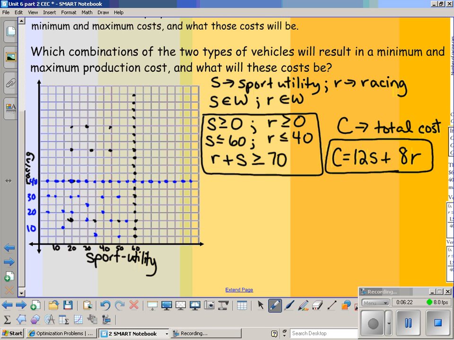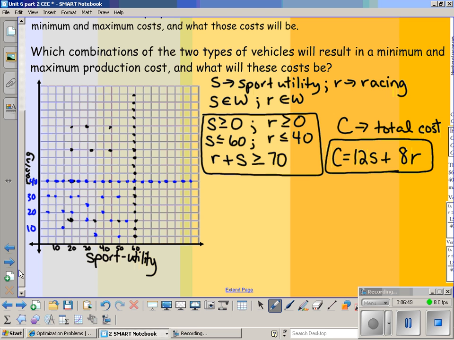So now I need to do my last line, which is R plus S greater than or equal to 70. In this case, we can either isolate a variable and use slope-intercept form, or we could find the intercepts of each one. That might be the easier way to do this, because our grid is going up by 5.